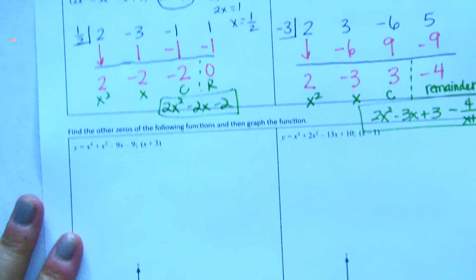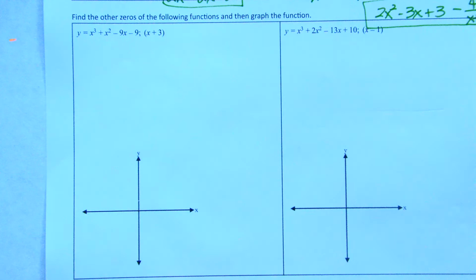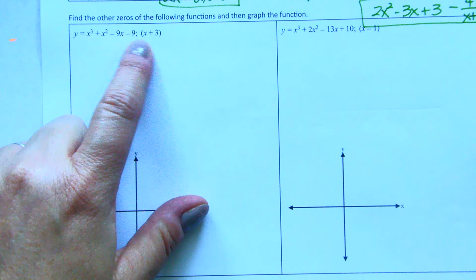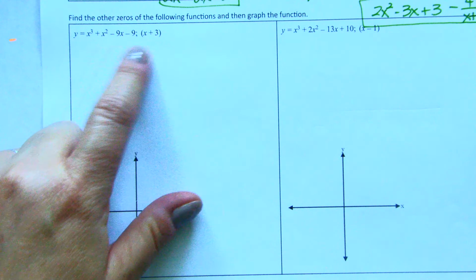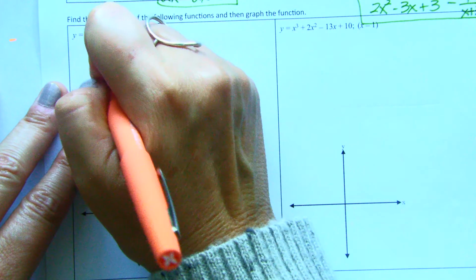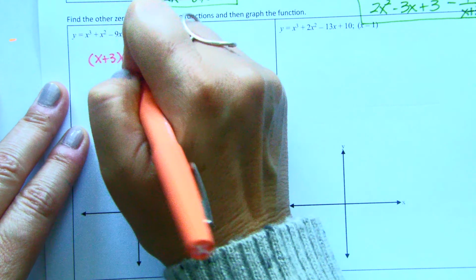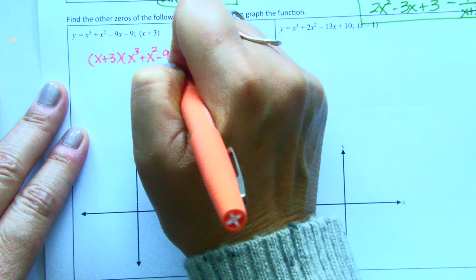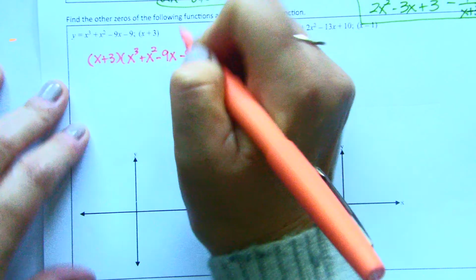Awesome. Okay, the last two on here are review from what we've been doing, except instead of giving it to you in factored form, it gives you one of the factors. So the idea here is that I have x plus 3, and then I have all this other stuff. Well, actually, that's not true.